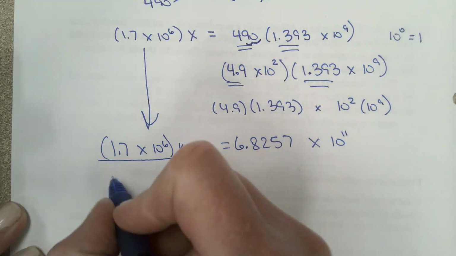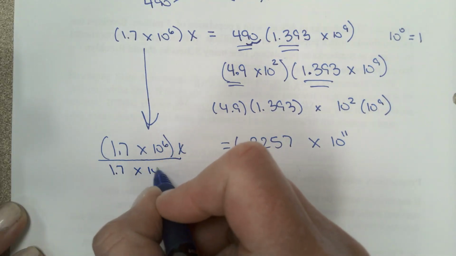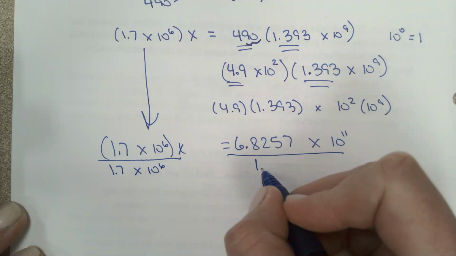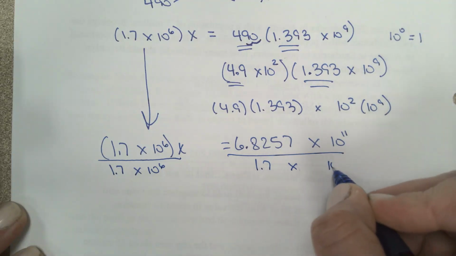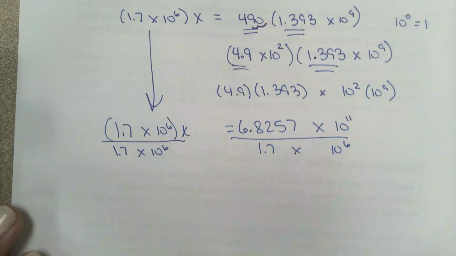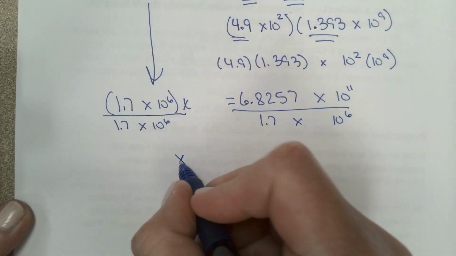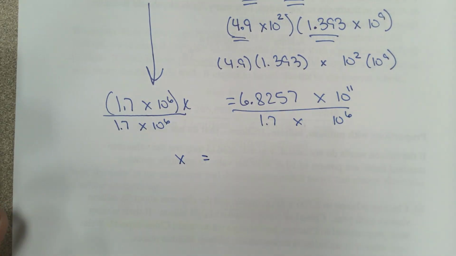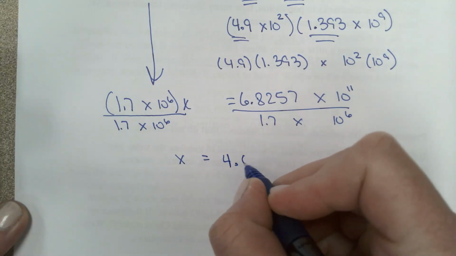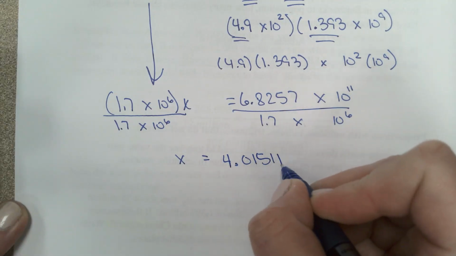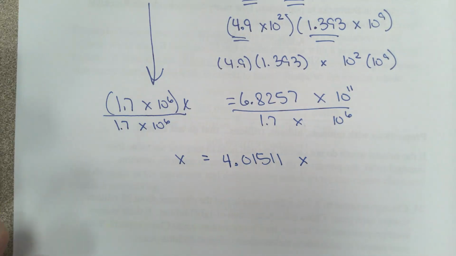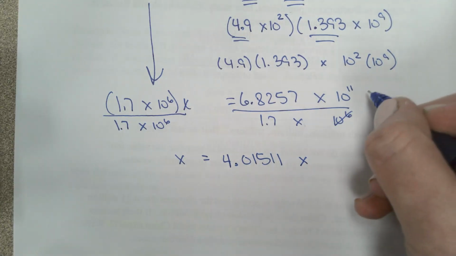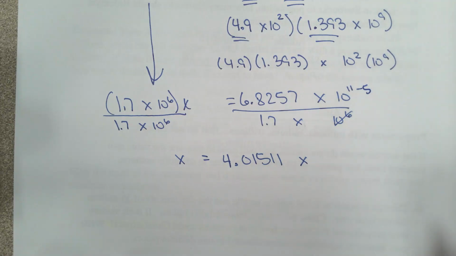I still have to solve for x, so I'm going to divide both sides by 1.7 times 10 to the 6th. So when I take this divided by 1.7, I get 4.01511. I don't know how many I'm going to need. And when you divide, you subtract the exponent.